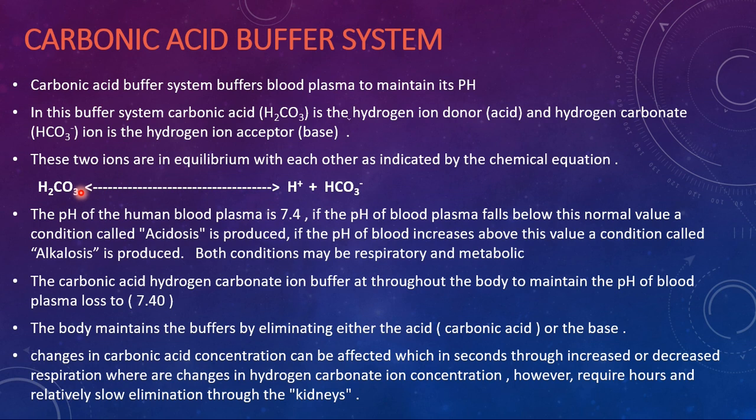So let's see here, this H2CO3 is going to be carbonic acid, and HCO3 minus is going to be the hydrogen carbonate. This component, hydrogen carbonate, is regulated by the kidneys, that is by the metabolic component, whereas carbonic acid is regulated by the respiratory system.